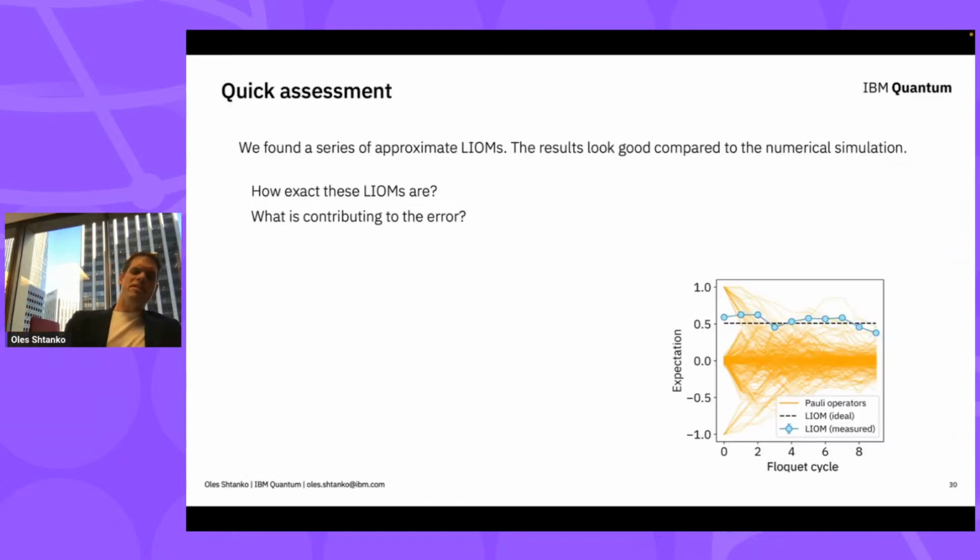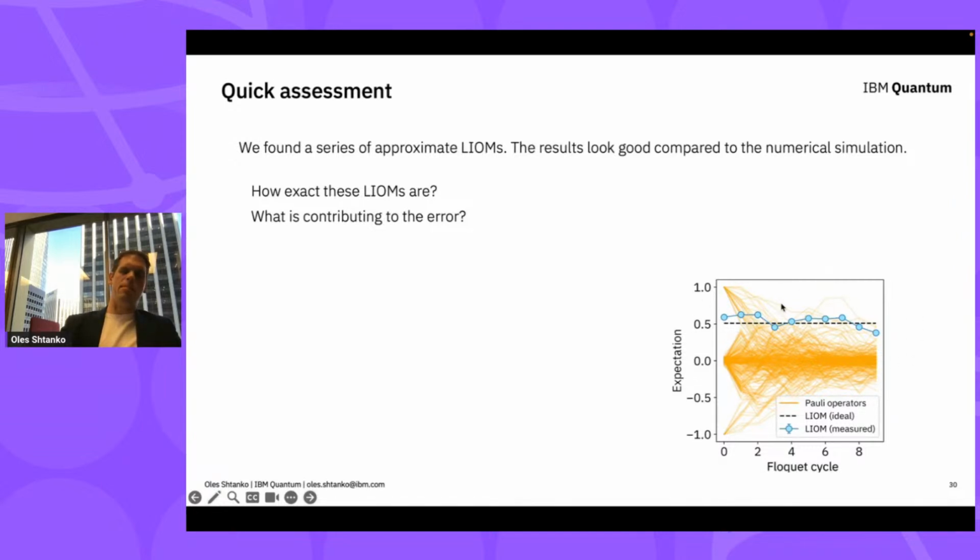The simplest test you can do is the trick we used when I introduced integrals of motion. You can put all your Pauli operators in comparison and plot the expectation value of your integral of motion. That's what you get as a result.